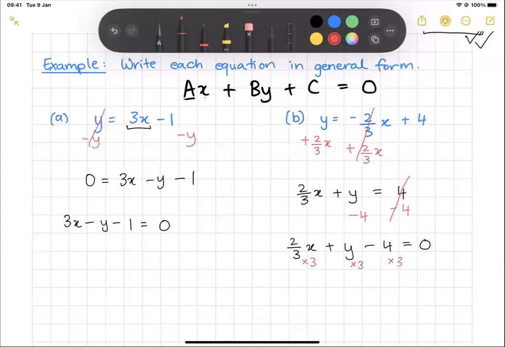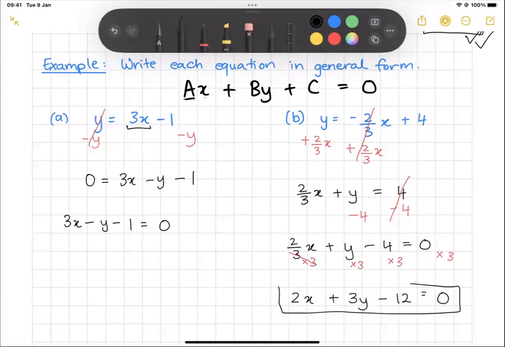I'm going to multiply 3 where the y is, multiply 3 where the negative 4 is, as well as multiply 3 on the other side. This will cancel out because they're opposites. What I'm left with now is 2x plus what's y times 3? y times 3 equals 3y. Minus 4 times 3, which is 12, equals 0. That is my general form.